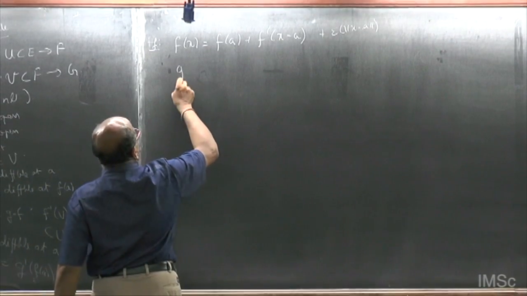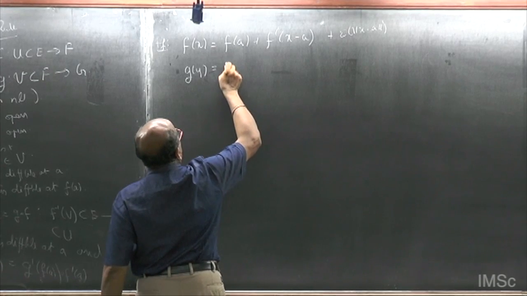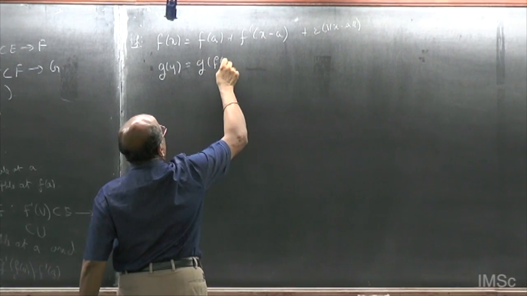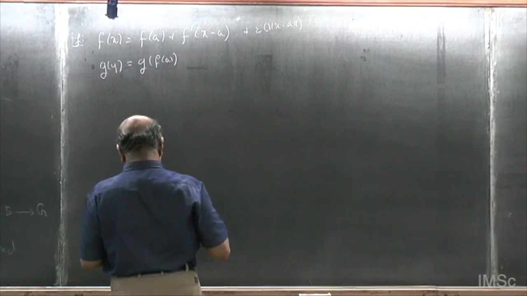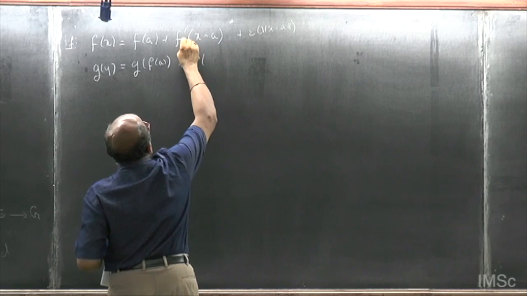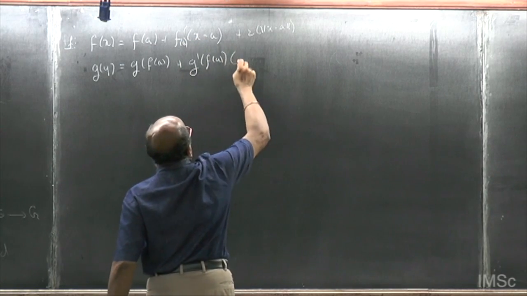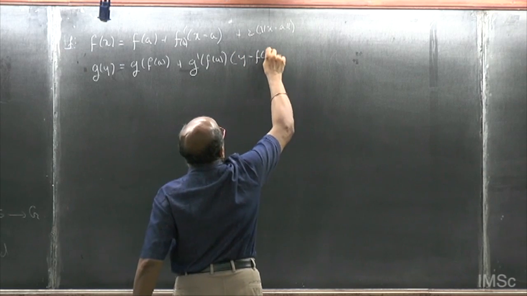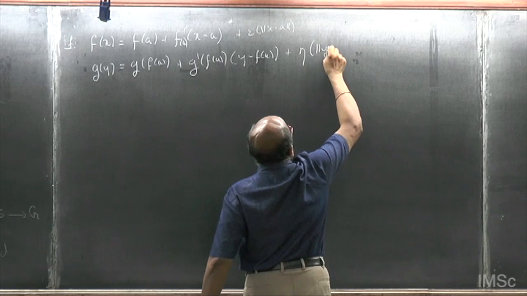Similarly, g(y) is g(f(A)) plus g'(f(A))(y − f(A)) plus some eta of norm y − f(A).